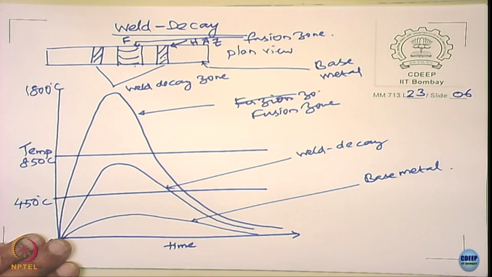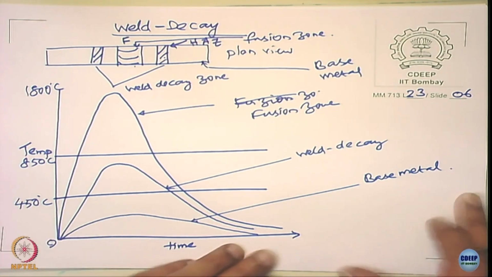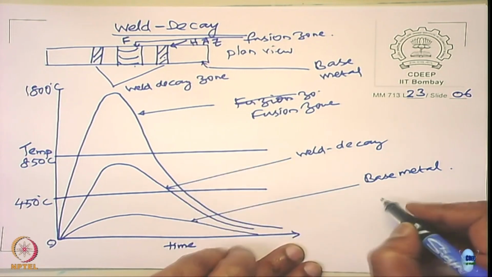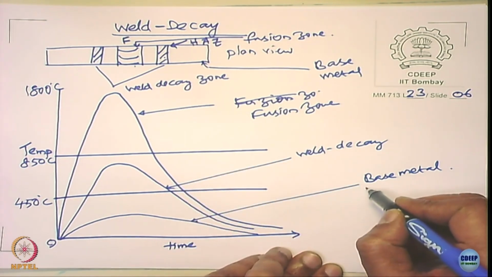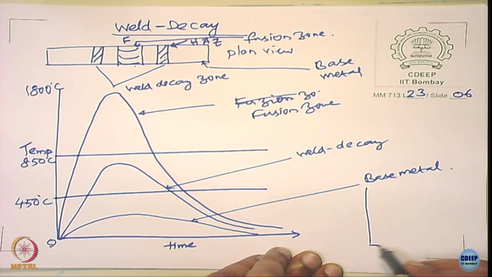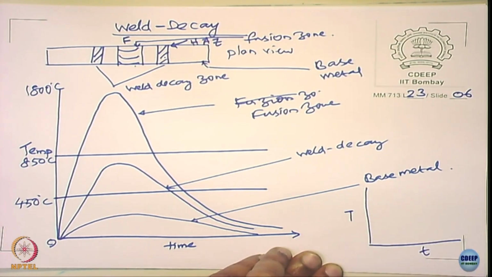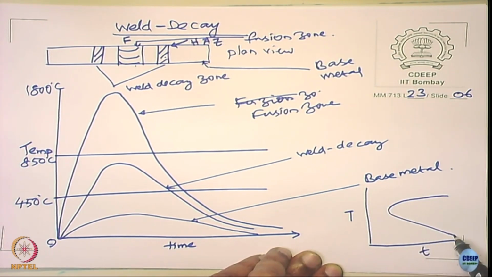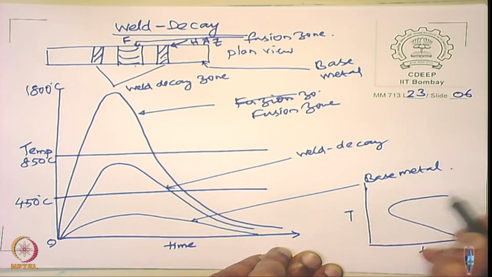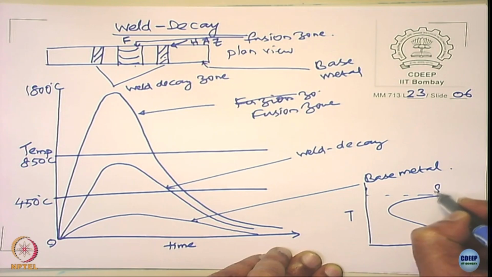Now let us look at the heat affected zone. I am going to look at sensitization. I am going to draw a small temperature-time sensitization diagram for you, because you need to also know this. What is this temperature? Around 850.